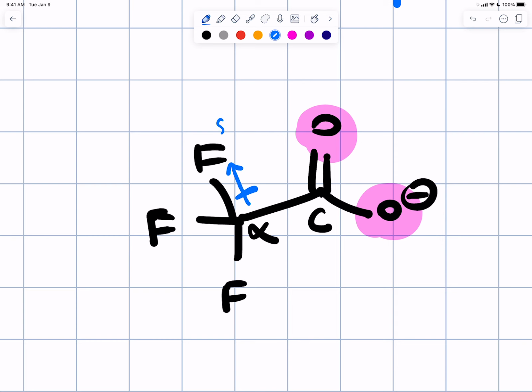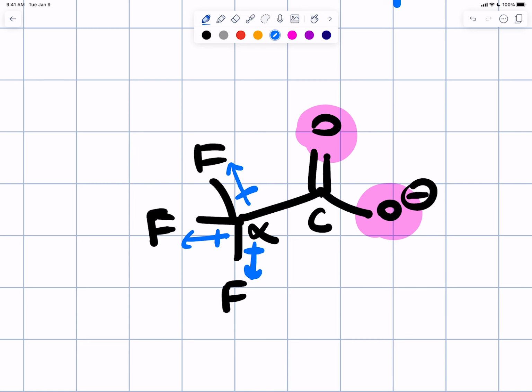It's the same thing as drawing a delta minus here and a delta plus on the alpha carbon. You got 3 of these. Each of the fluorines is pulling electron density away from the alpha carbon. That makes the alpha carbon itself electron poor, and for all intents and purposes more electronegative than our reference carbon.